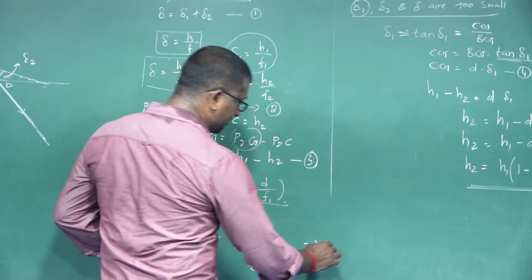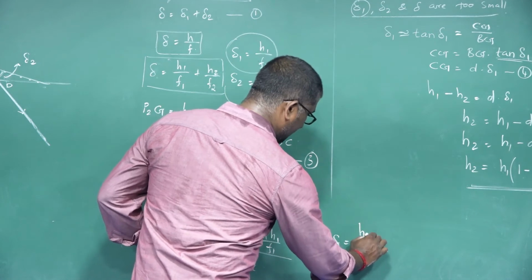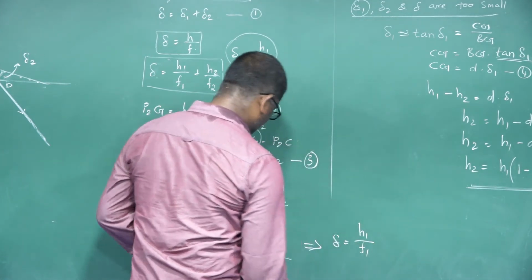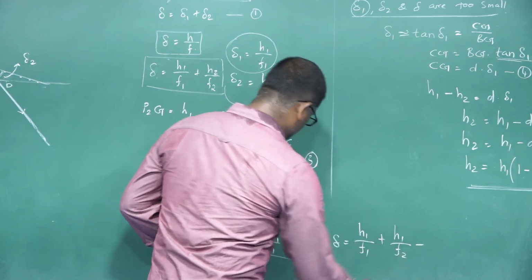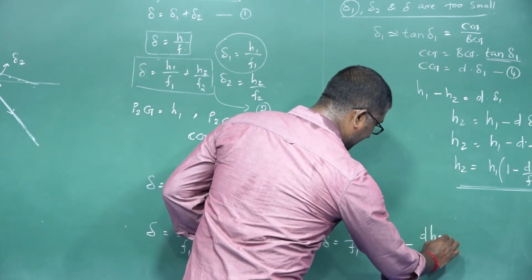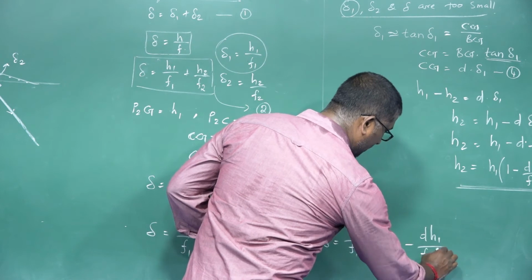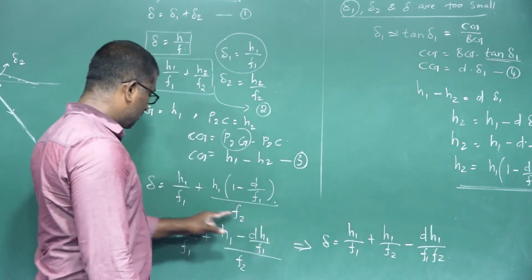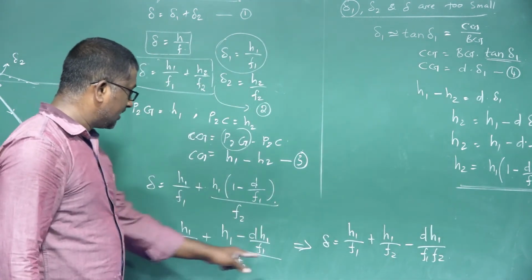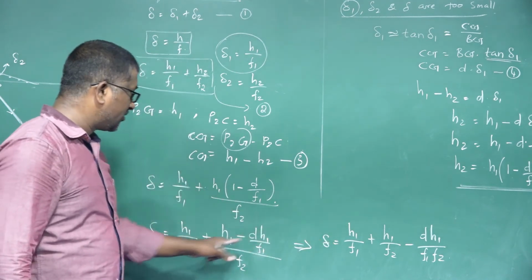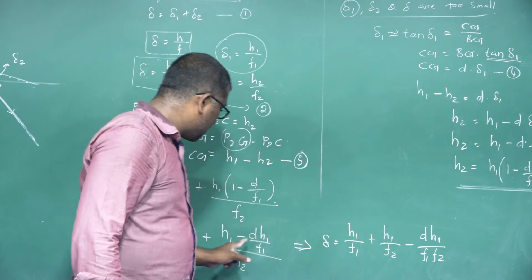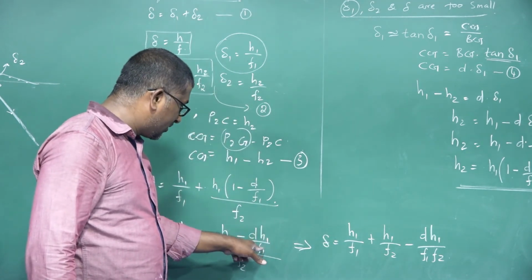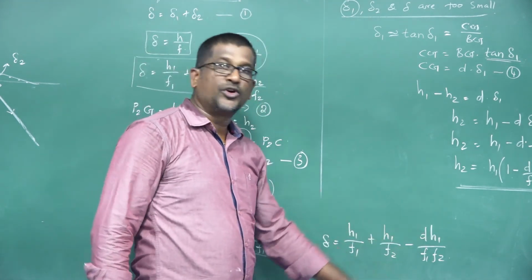This equation becomes del is equal to H1 divided by F1 plus H1 divided by F2 minus D H1 divided by F1 into F2. So this equation can also be written as del is equal to H1 divided by F1 plus H1 divided by F2 minus D H1 divided by F1 into F2.